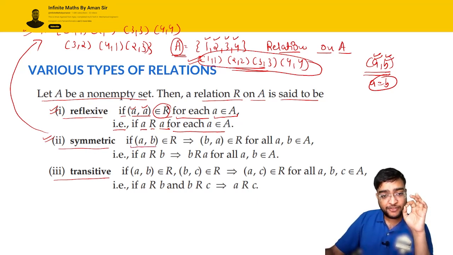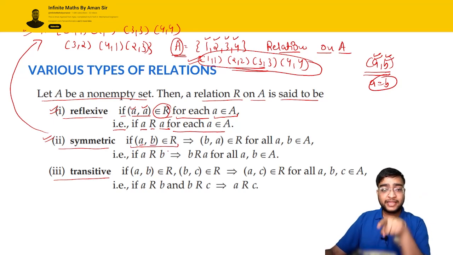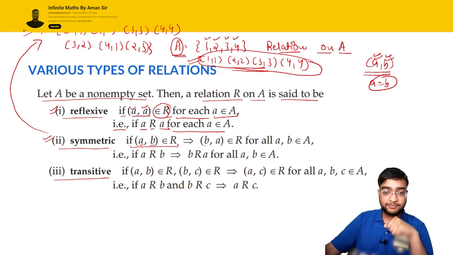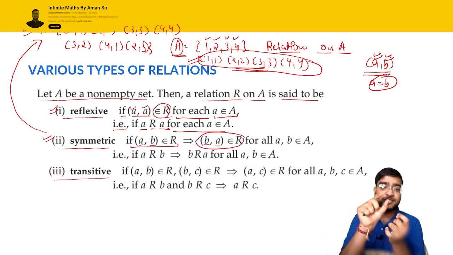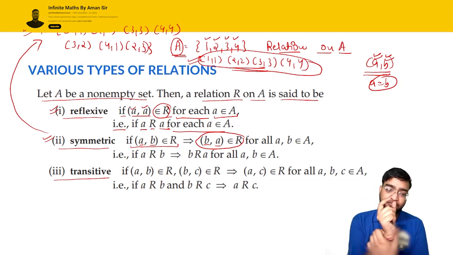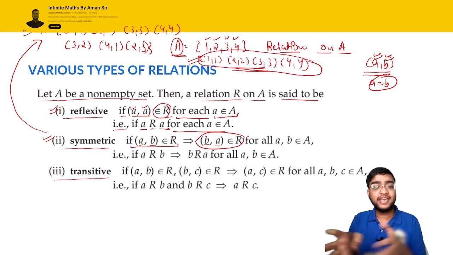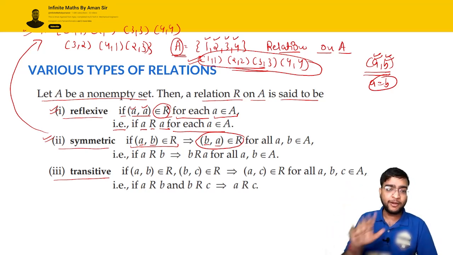This is the condition: if (a, b) is in my relation, then the reverse pair (b, a) must also be in my relation. So if a pair is there, then its reverse pair must also be there. If this happens, then I can say this relation is exactly called a symmetric relation. That is all about it.